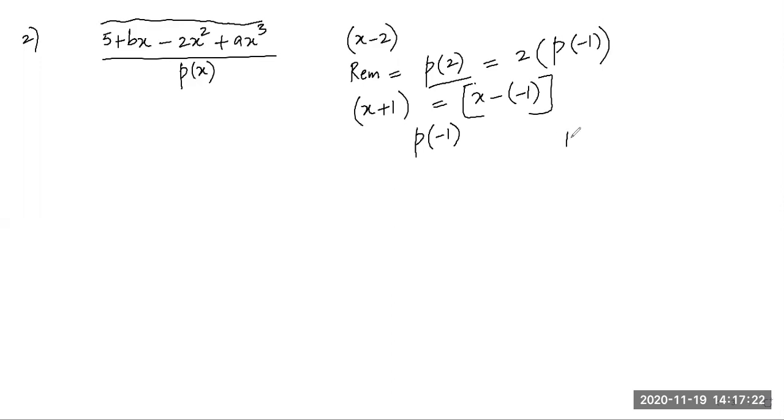So show that 10a plus 4b is equal to 9. You want to show this. So very simple, we will put p of 2 here.